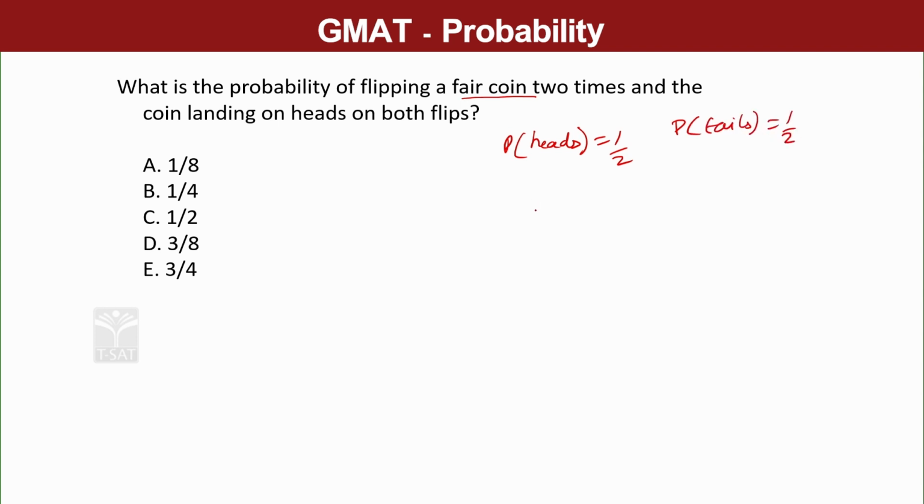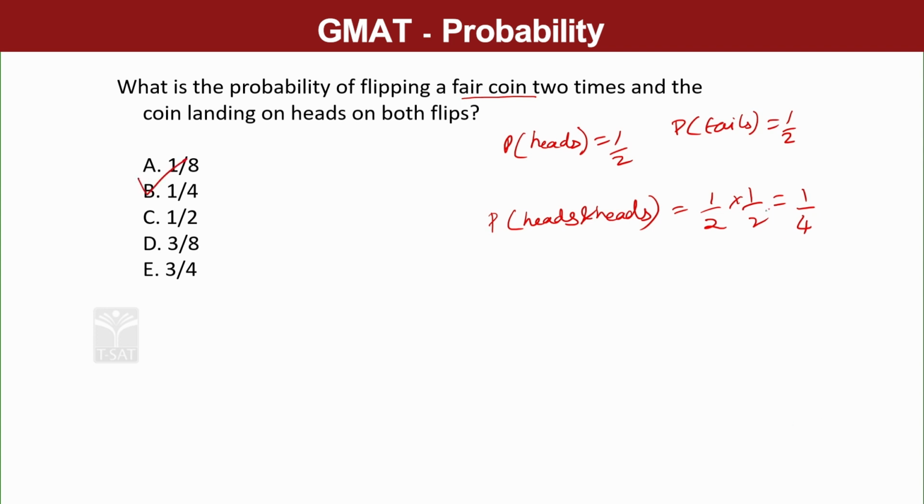You want heads and then heads again, so that will be 1 by 2 into 1 by 2, which is equal to 1 by 4, which is option B.